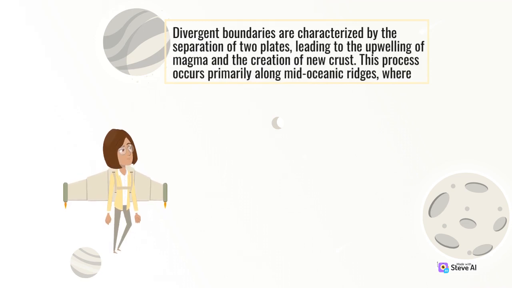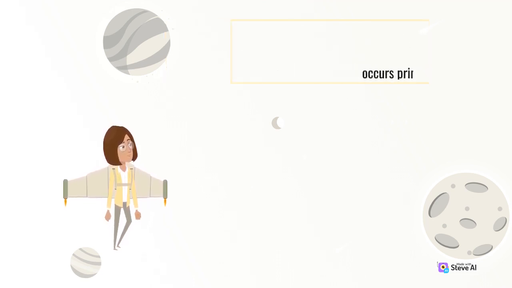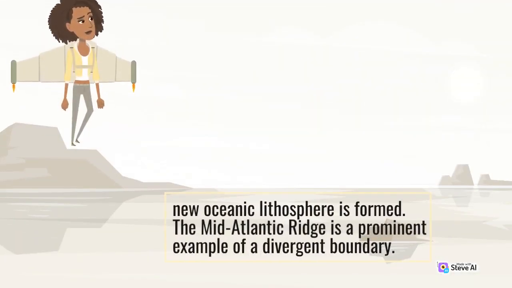Divergent boundaries are characterized by the separation of 2 plates, leading to the upwelling of magma and the creation of new crust. This process occurs primarily along mid-oceanic ridges, where new oceanic lithosphere is formed. The Mid-Atlantic Ridge is a prominent example of a divergent boundary.